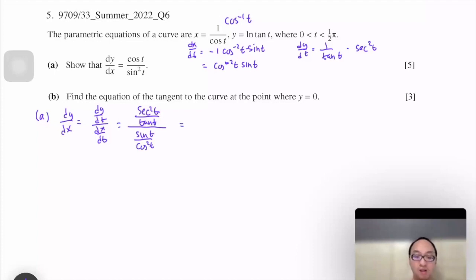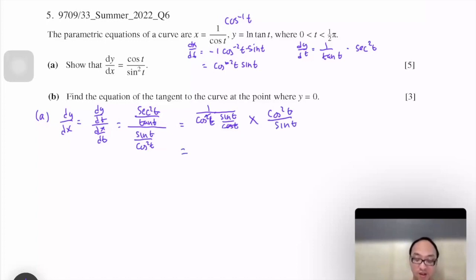Now, we can do this. Secant square t is 1 over cos square t, and tangent is sin t over cos t. Cancel the cos. We can put the denominator up by crossing, cos square t over sin t.